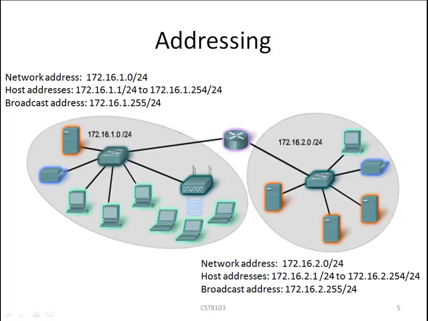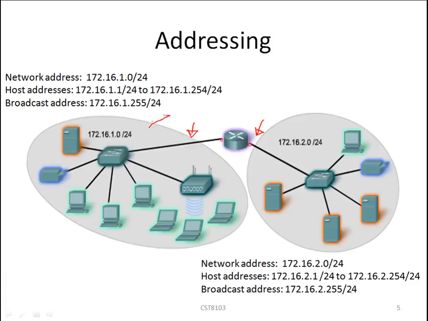Here we have a network that consists of two network segments. Here we have segment 1 and segment 2. Each segment has a separate and independent interface on the router. And furthermore, each segment connects computers within the same network ID.